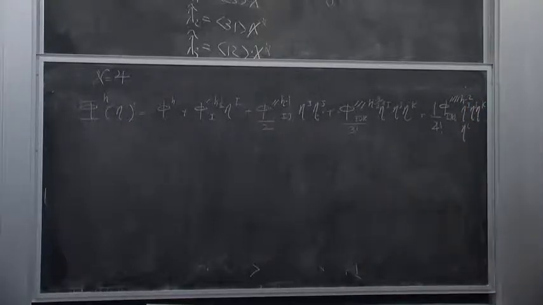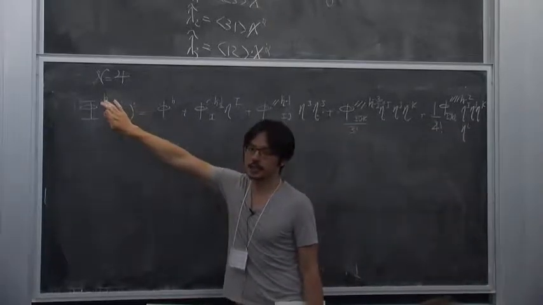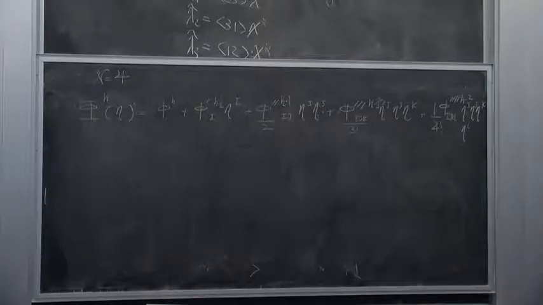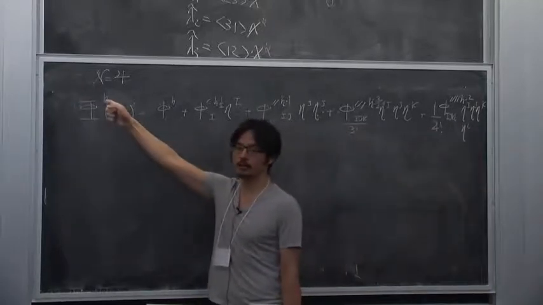Okay, so once I start with the top helicity h, I determine what are the helicities of all the states that are appearing in my multiplet. Right? So for example, I can start with h equals 0.